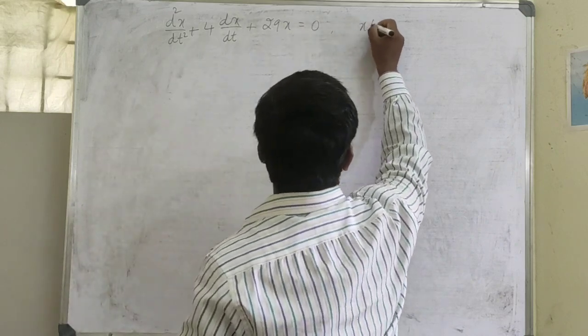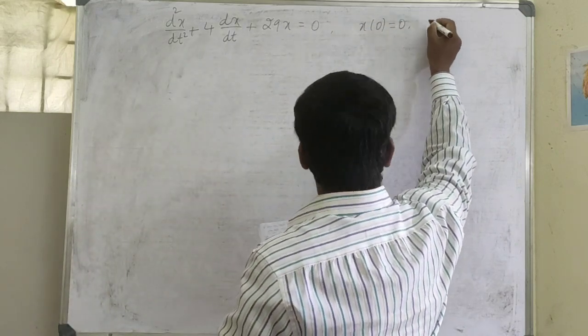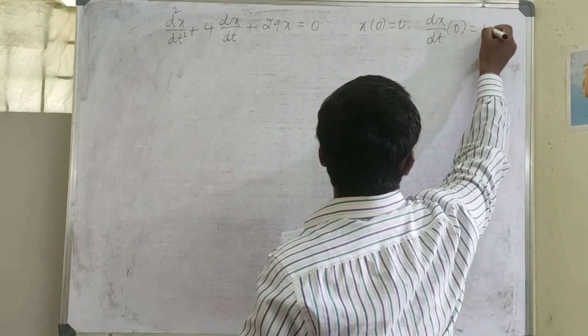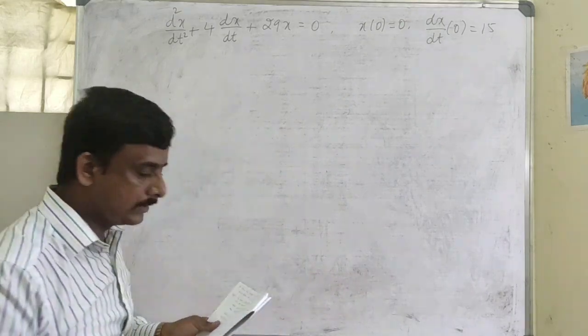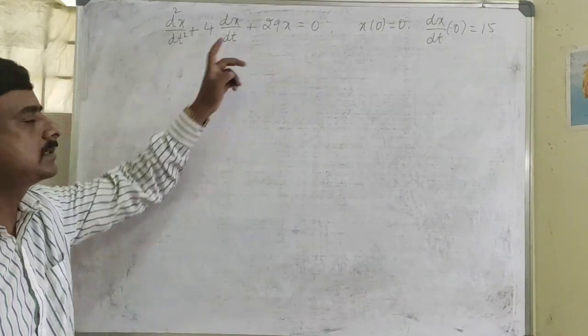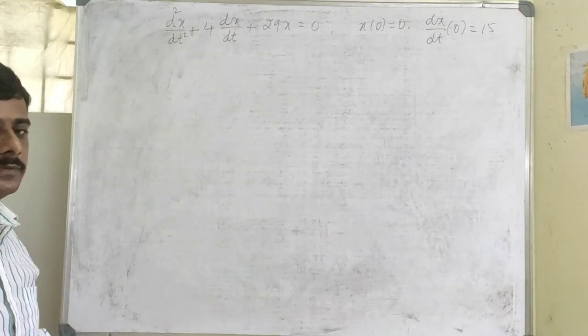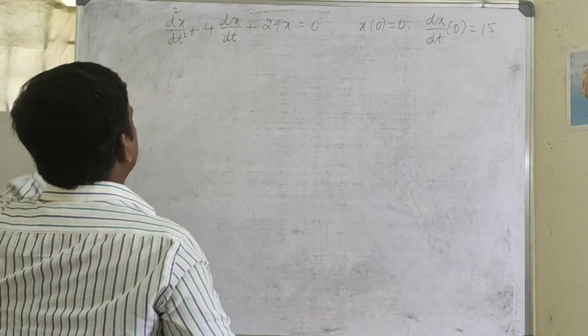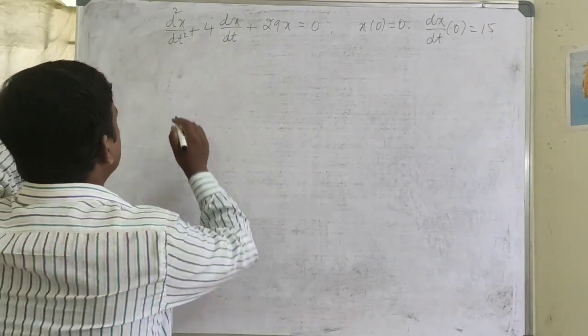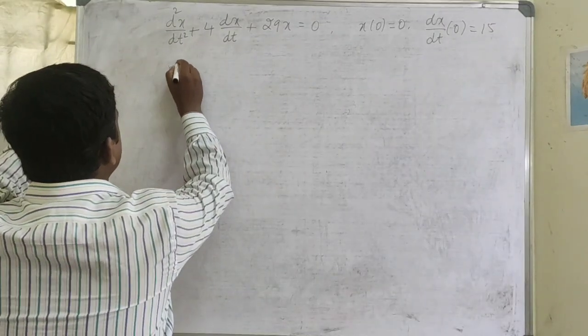Given that x of 0 equal to 0 and dx by dt of 0 equal to 15. So these are the given conditions. So with respect to those conditions, I have to find the particular solution of this. So here the dependent variable is x, the independent variable is t. Keep that in mind.